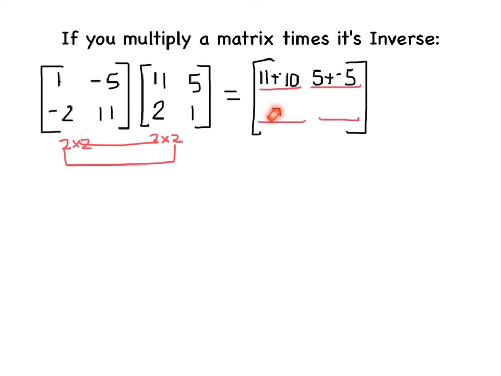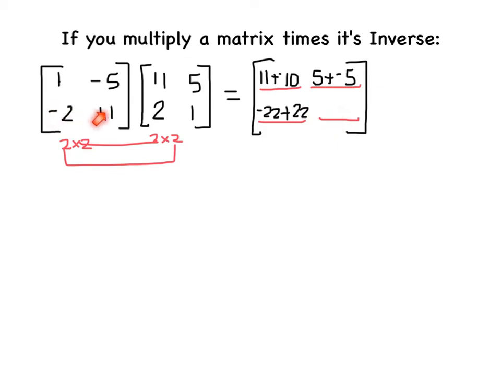Okay, now this guy is the second row, first column to get this guy right here. So I'm going to multiply -2 by 11, which gives me -22, plus 11 times 2, which is 22. And that last position is the second row, the second column.